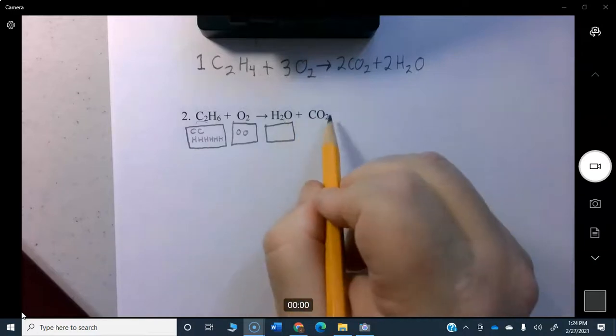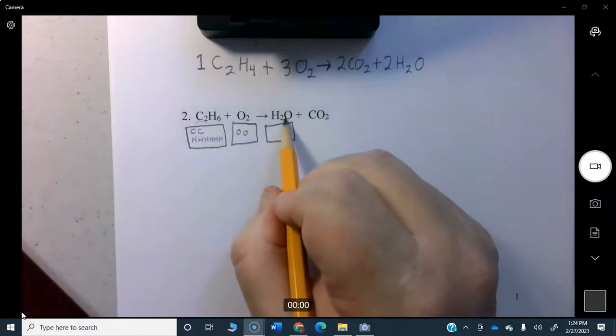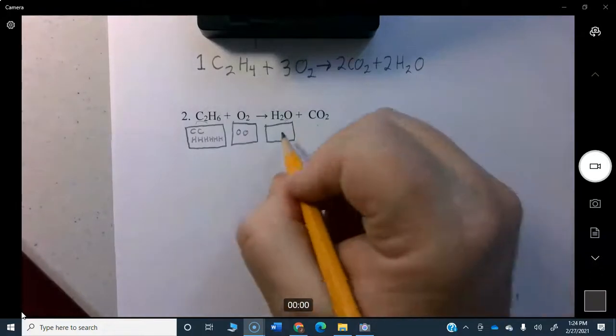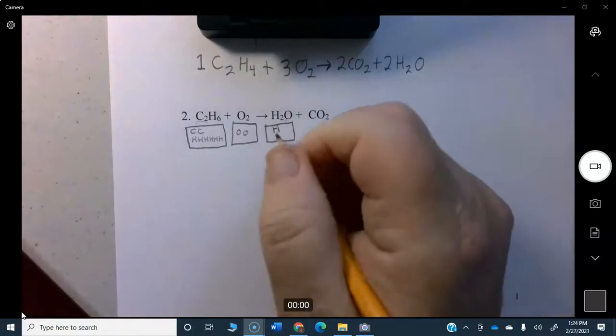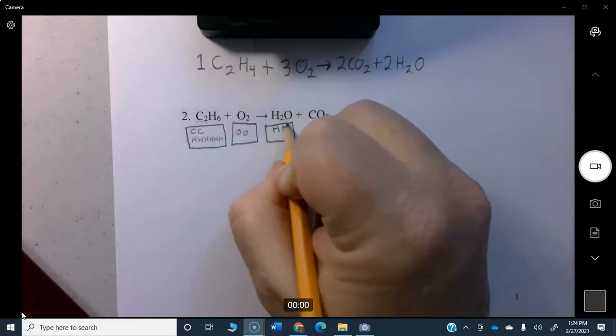And notice the H2O is in first position here on the right with the CO2 second. It doesn't matter. Up above it was the CO2 and then the H2O. It does not matter.